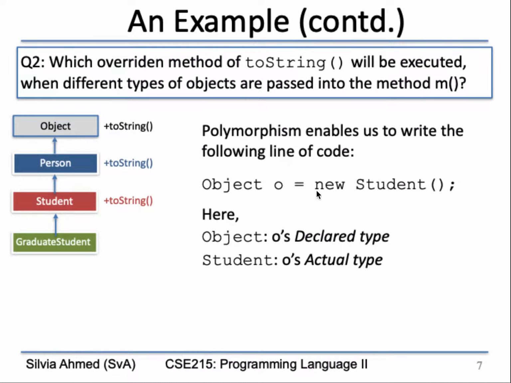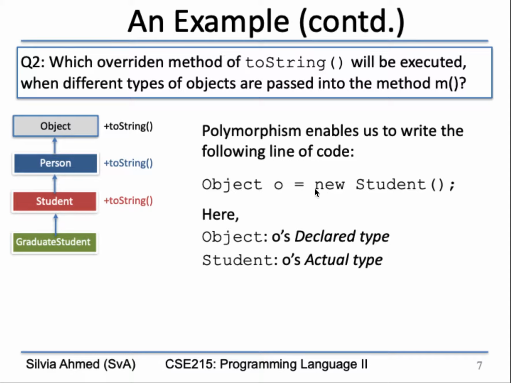So in this case, polymorphism enables us to write this line of code. That means Object O = new Student. When we write this line, first we are declaring a variable of type Object. That means in the memory, O will contain the location of the actual object.